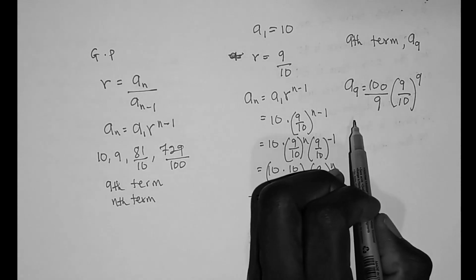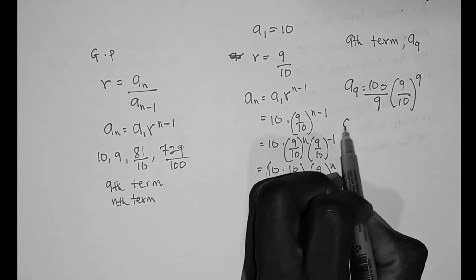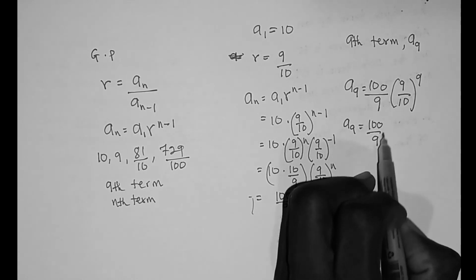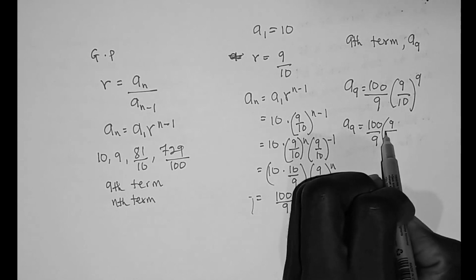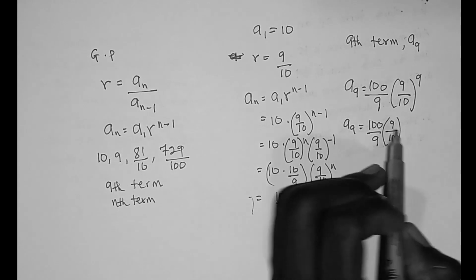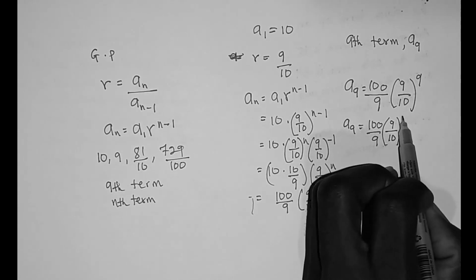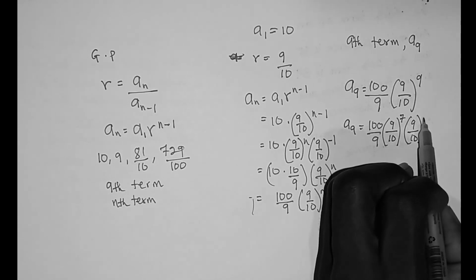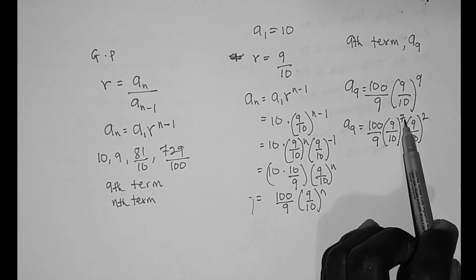So let's go further and simplify. So A9 is equal to 100 divided by 9 times 9 divided by 10. Then I want to write this as exponent 7 times 9 divided by 10 exponent 2, so that you see that 7 plus 2 is 9.